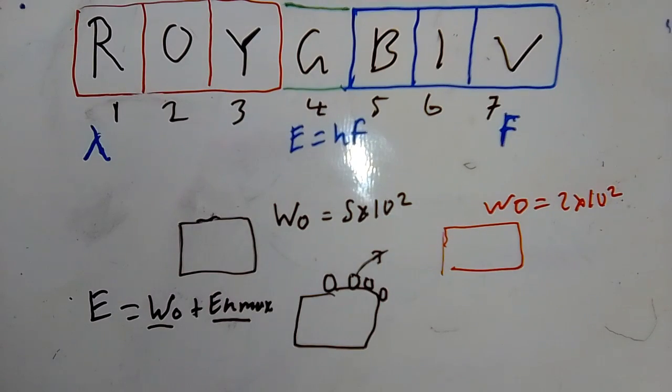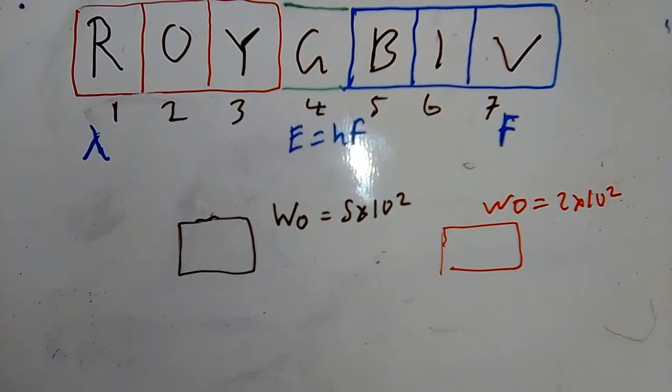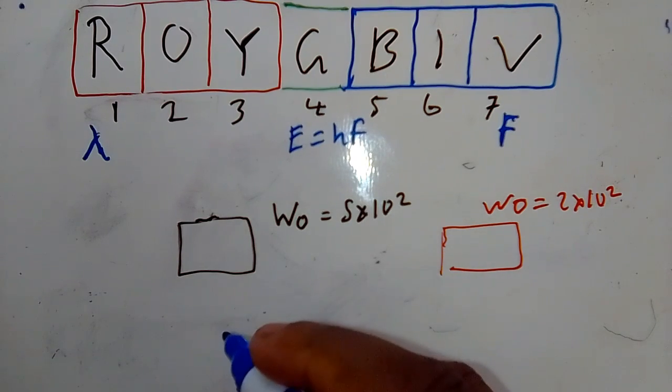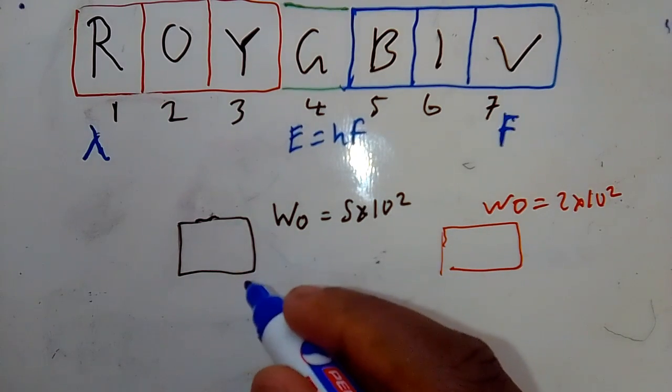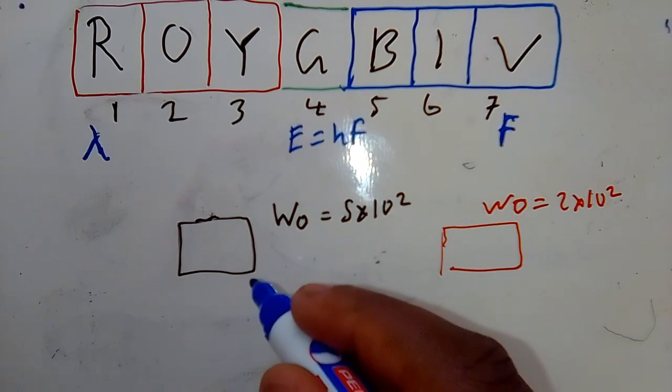So let's talk about something. Remember, the higher the frequency, the higher the energy, right? So now what I want you to be aware of is that every metal has got a work function, meaning that every metal has a minimum energy that is needed to remove electrons from the surface of that metal, right?